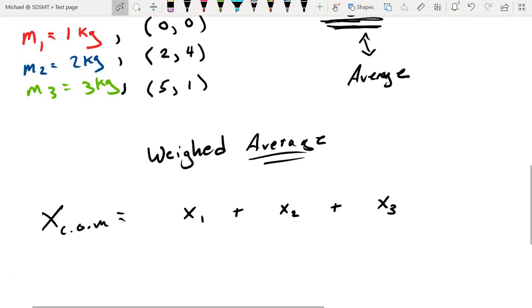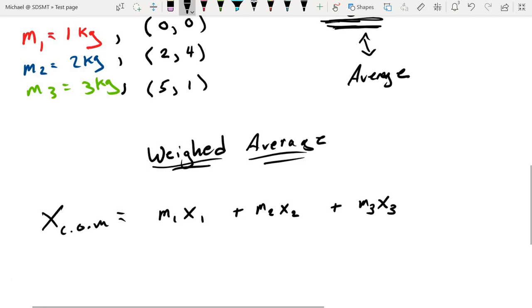And the way we'll do that is we're going to take each location and multiply it by the mass that is present at that location. So now each of those locations is being weighed based on how much mass is located at those positions.